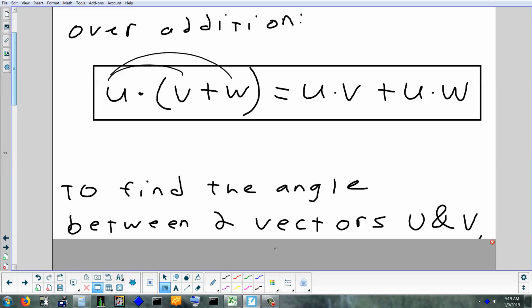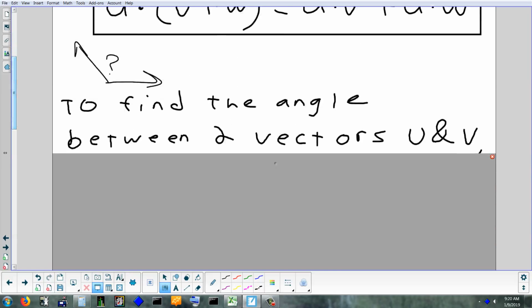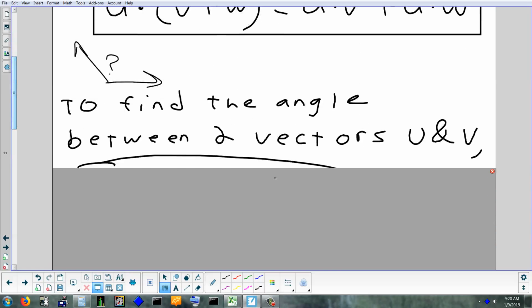So to find the angle between two vectors, that's basically what the dot product is used for. So you got two vectors like this, and you want to know what's the angle between them. That's where we use the dot product. All right, so I'm going to give you the formula. It's a very straightforward formula.